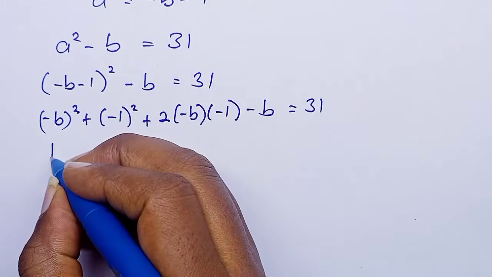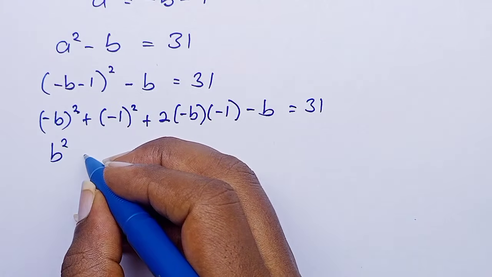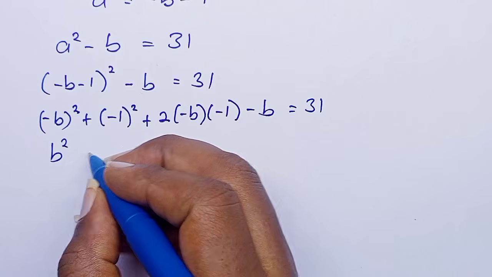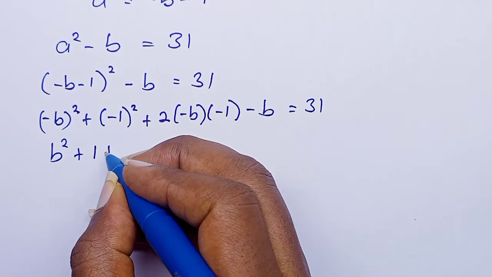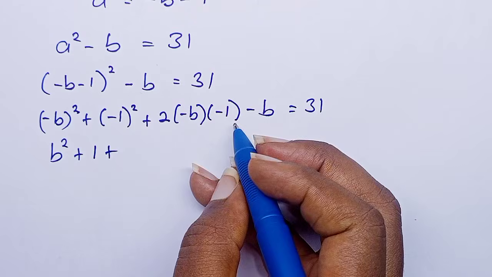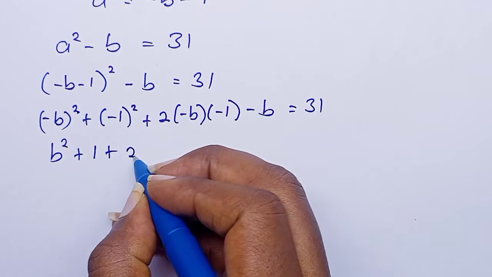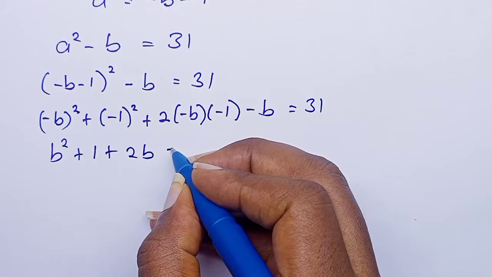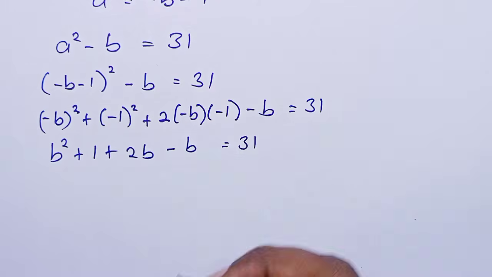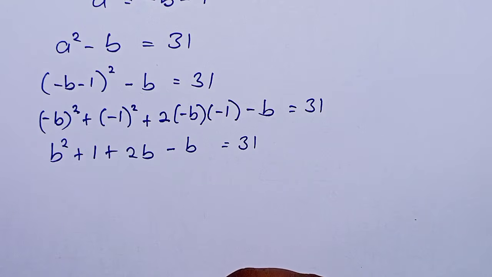So this gives us b squared plus 1 plus negative b times negative 1 is positive b, so 2b, then minus b, this is equals to 31.